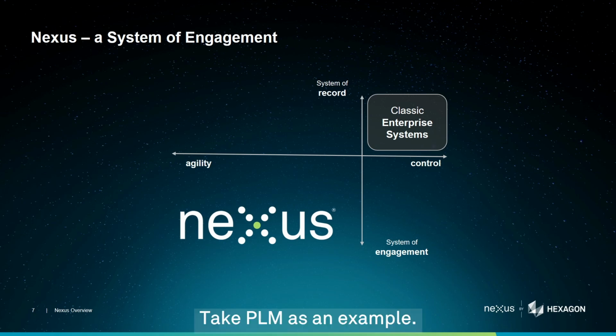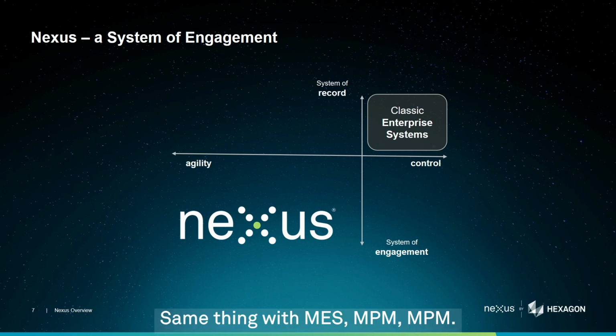Take PLM as an example. PLM is used by engineers to store their engineering designs. It always ensures that the right people have access and that every change to the data is tracked, with change history, so that you can establish the traceability of the data and designs. And that's the function of PLM.